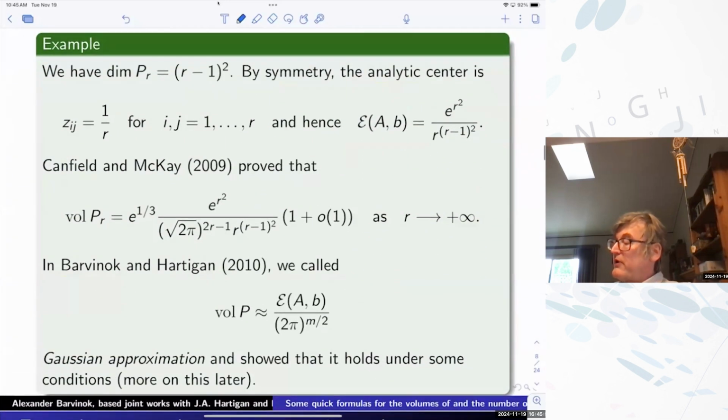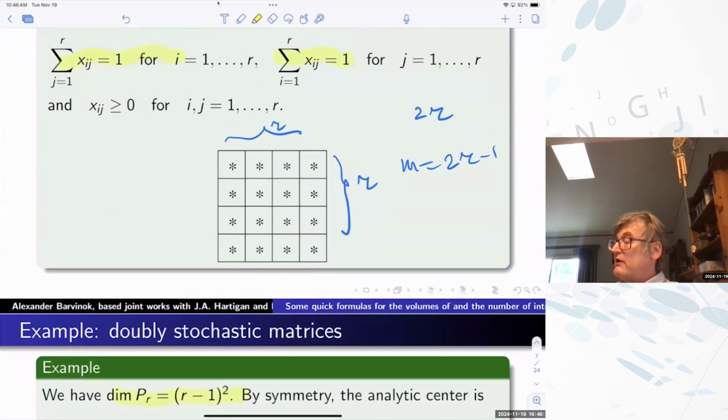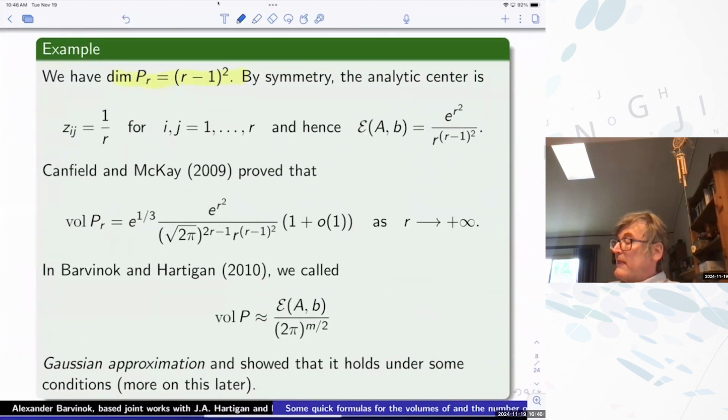So the dimension of the polytope is (R minus 1) squared. And then the nice thing about the analytic center is that we know it exactly, because of the symmetry. What else can it be? It's the matrix where all the coordinates are the same, 1 over R, right? And the estimate that we get is this.